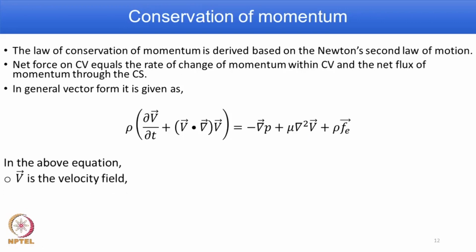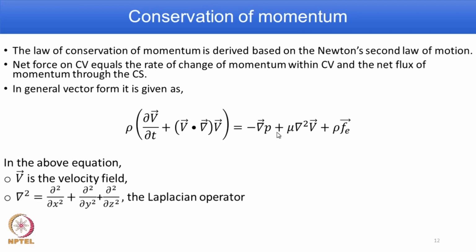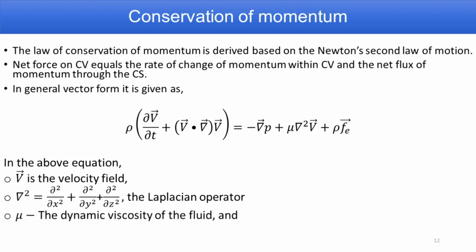Now v is the velocity field and this del squared v, which accounts for shear force, is a Laplacian operator, given here as del squared by del x squared plus del squared by del y squared plus del squared by del z squared, and mu we know is the dynamic viscosity of the fluid. So, if you divide the equation by rho, then you get nu, which is mu by rho, and 1 upon rho into del p, and only the external force.